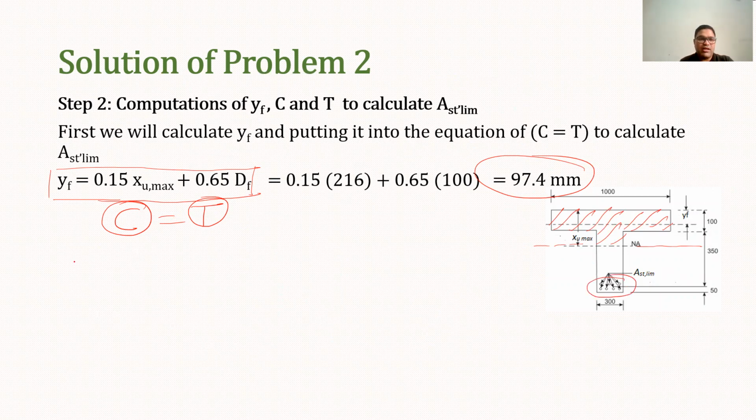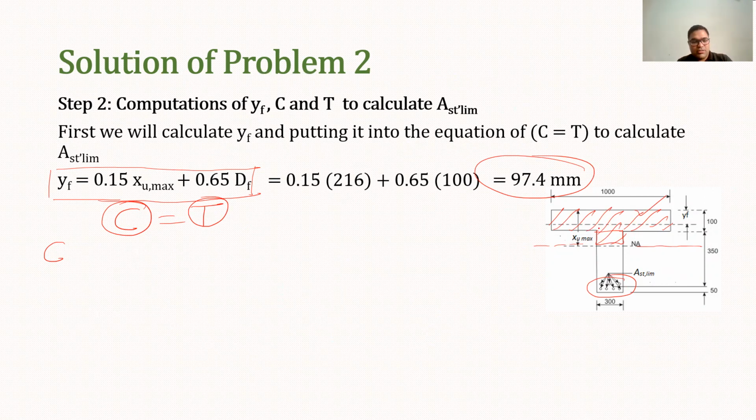If we want to find out the C value, C is the compressive force taken by this concrete area. So we can divide this: the whole flange will be taking compression and some part of the web is also taking the compression.